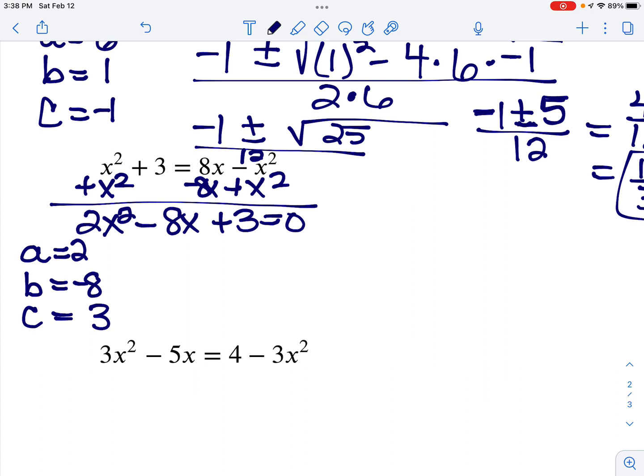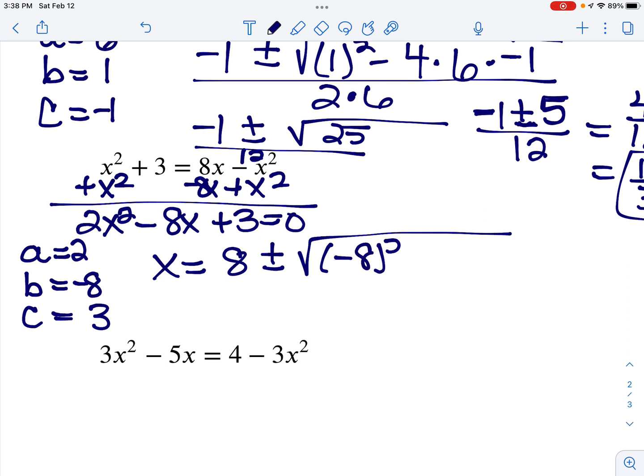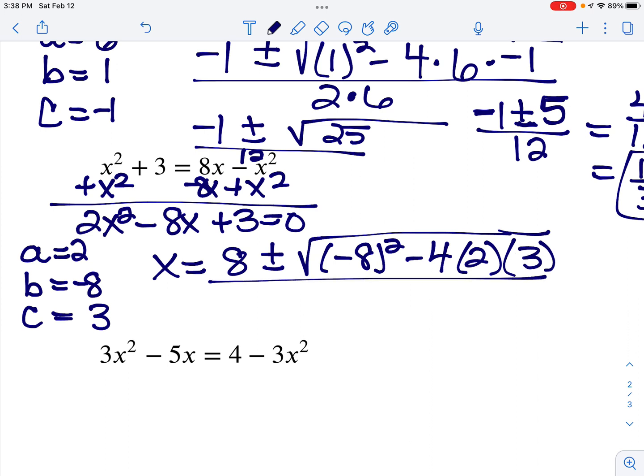So the formula x equals negative b, so that's going to make it positive 8, plus or minus square root of negative 8 squared minus 4 times 2 times 3, divided by 2a, so 2 times 2.